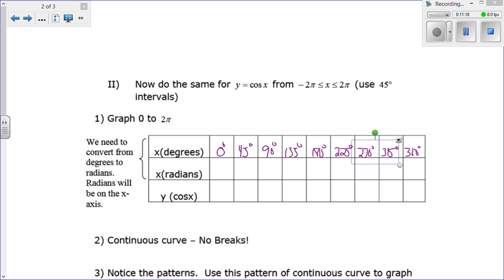In radians, this is 0, pi over 4, pi over 2, 3 pi over 4, pi, 5 pi over 4, 3 pi over 2, 7 pi over 4, and 2 pi.